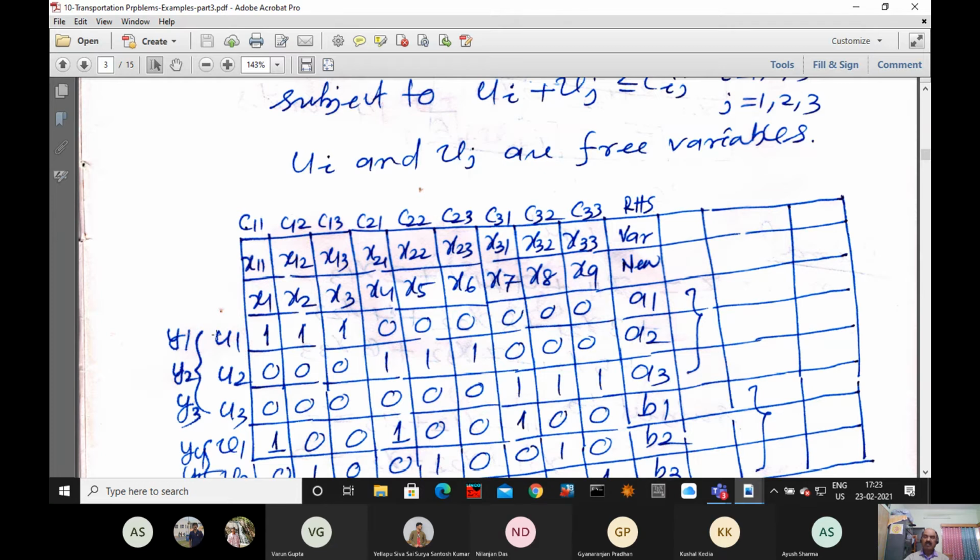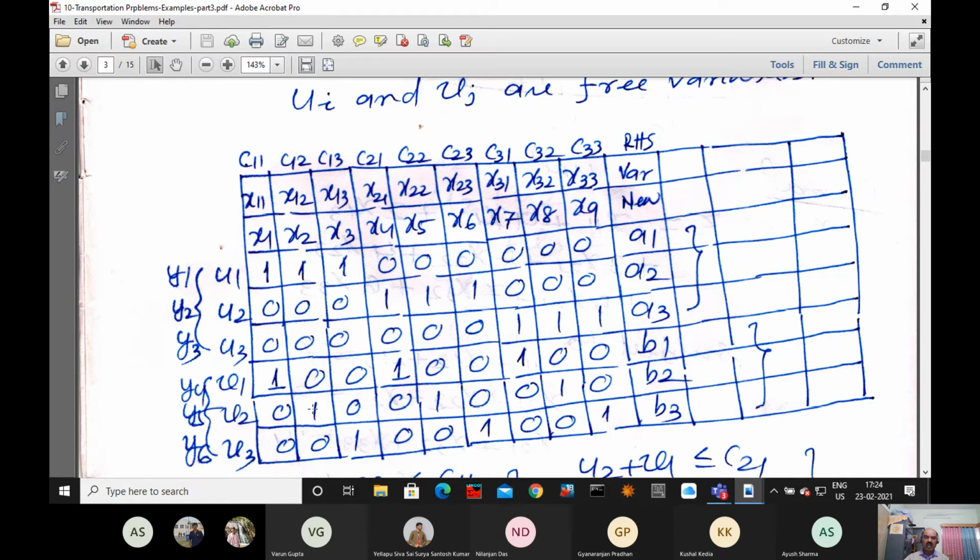Next, we have x12, x22, x32: x12 equal to x2, x22 equal to x5, then x32 equal to x8, their sum equal to b2. Then the last one, x13 equal to x3, x23 equal to x6, and x33 equal to x9, their sum equal to b3.